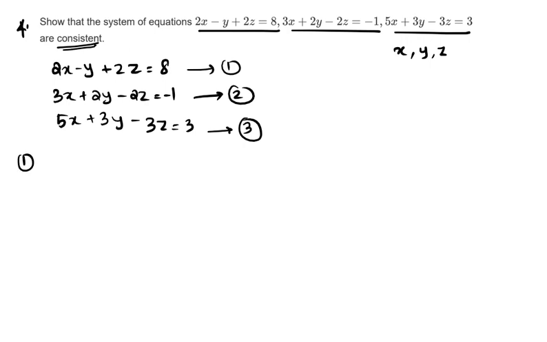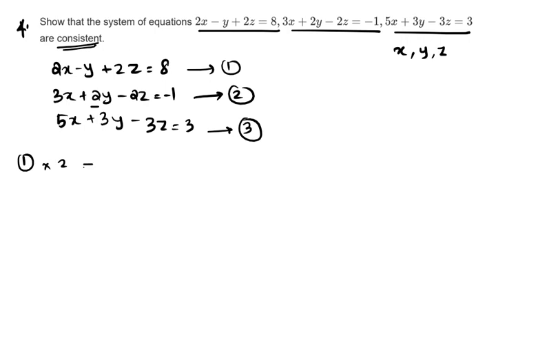let us take the first equation and multiply it with 2, because look at the second equation. Here we have 2 here. To eliminate y, we can take any value, so I am taking the y value.